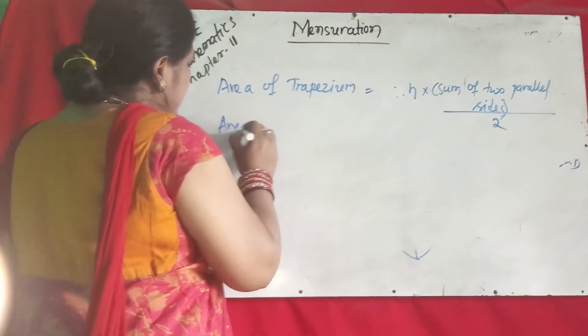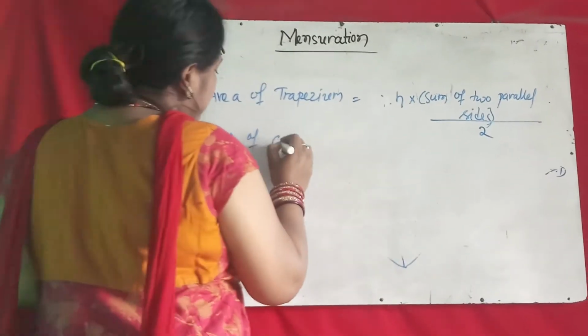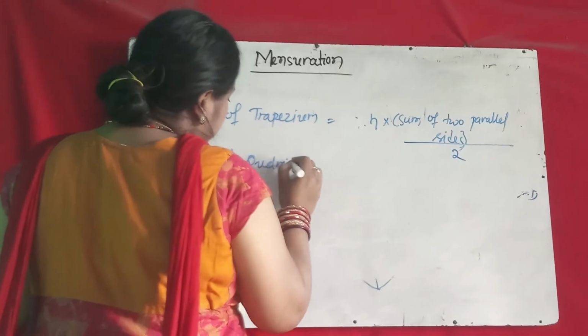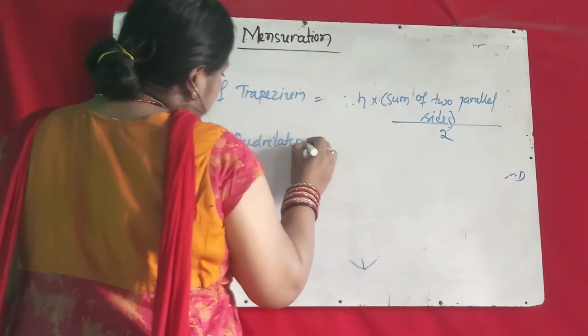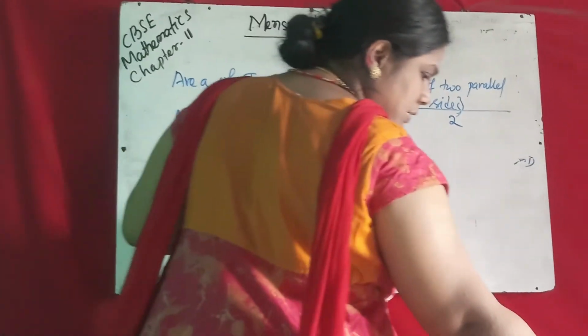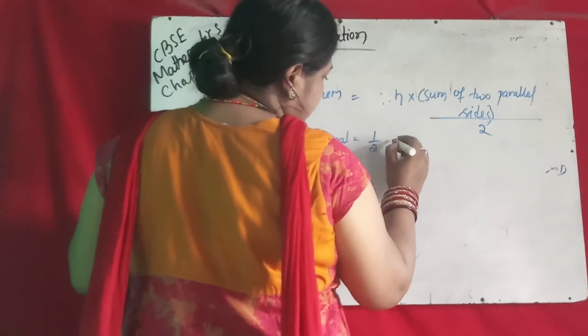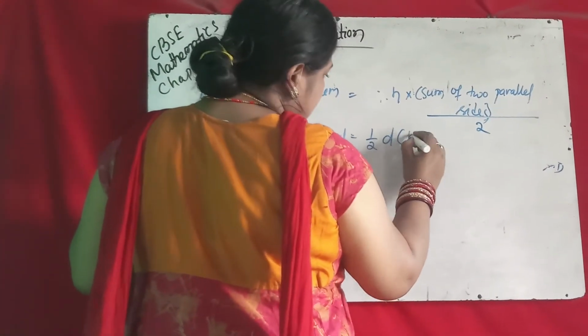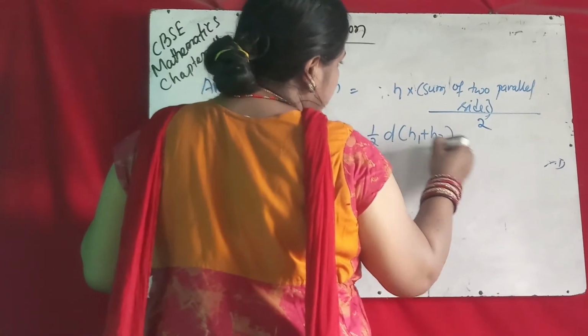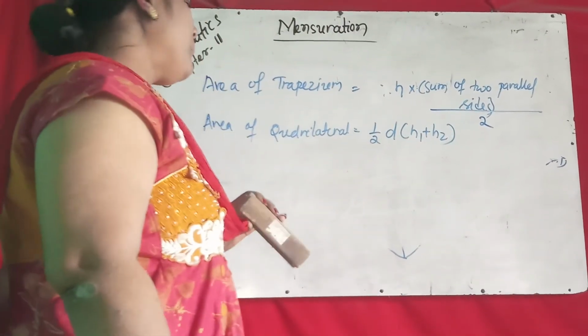Then the area of a quadrilateral. The formula is half into D into (H1 plus H2). This is the second formula.